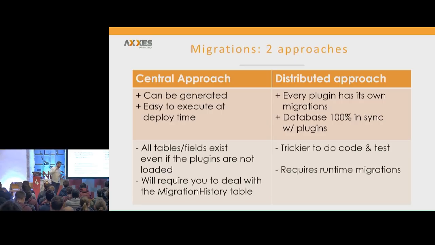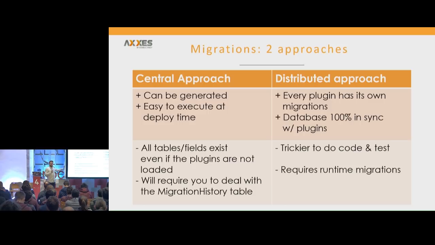And Entity Framework will query that table and will check if the model state matches with its internal idea of what the database should look like. And as soon as they don't match, Entity Framework will go like, yeah, I'm not doing this. And that's a real problem. So if you migrate for all the plugins and you only deploy a few, your two models will not match and everything will break. Ask me how I know.